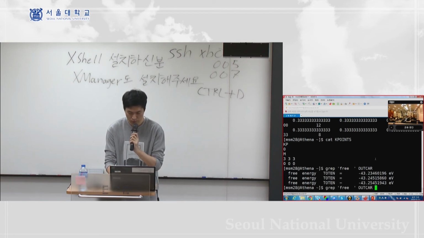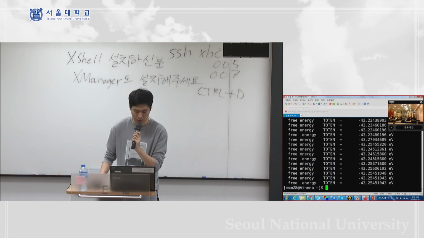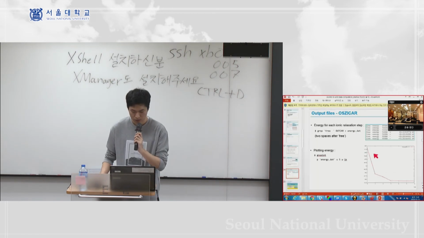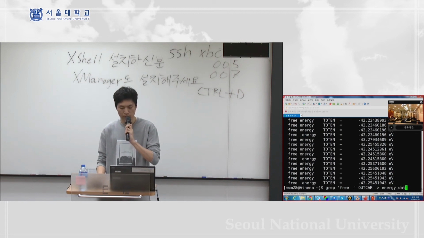And we can also find energy during electronic relaxation, but that does not give much information. So if we write this command, this means we save the output of this command into the file named energy.dat.